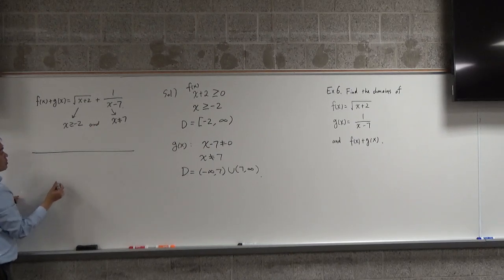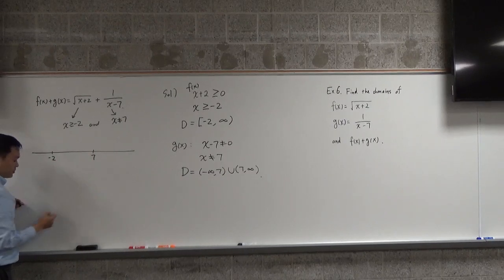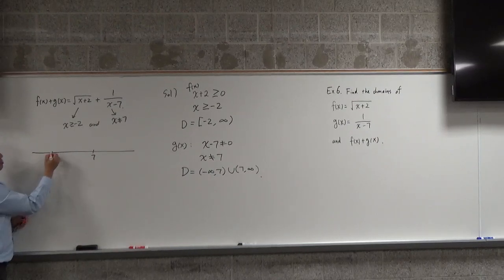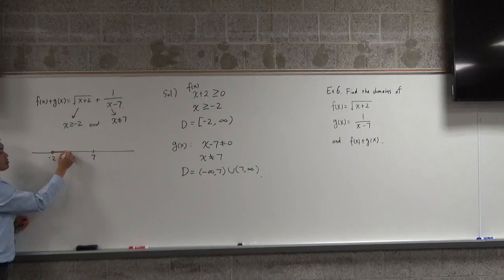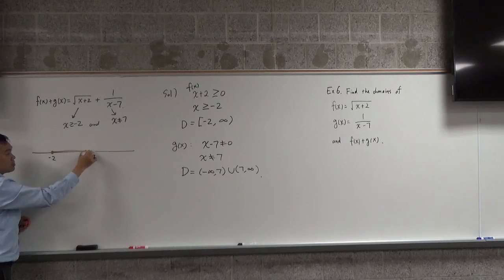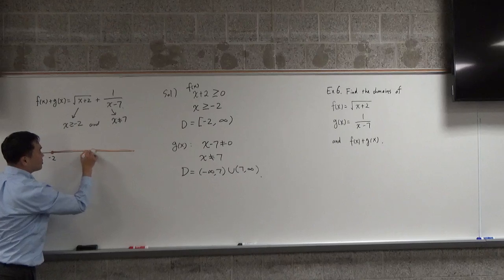Okay? So first of all, here's negative 2, here's 7. And the above condition is saying that as long as it's negative 2 and above, it's good. Oh, but wait, 7 is no good, right? So that has to be skipped. This should be an open circle. And after 7, that's good.